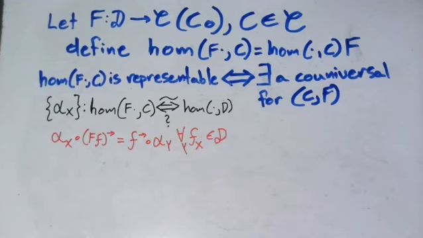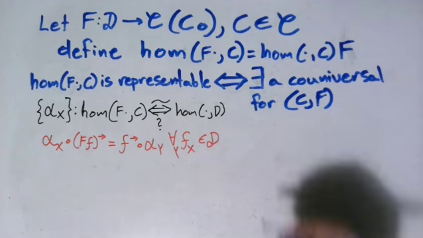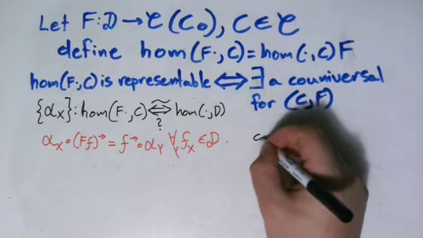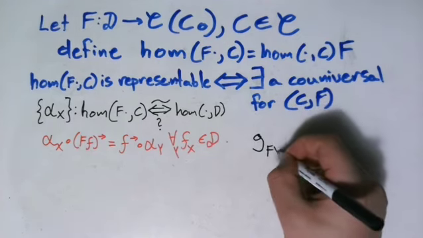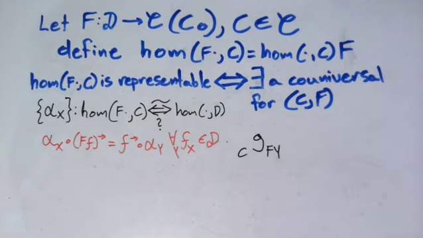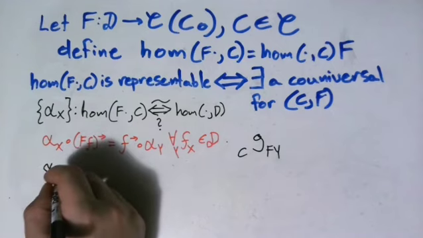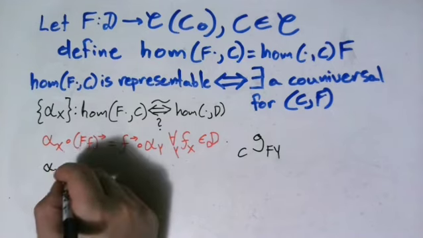So if we can prove that this commutativity property holds, then we can say that these are in fact components of a natural isomorphism. In order to see that this is true, let's take some g going from F of y into c. Then we can apply the left side of this equation to that g.